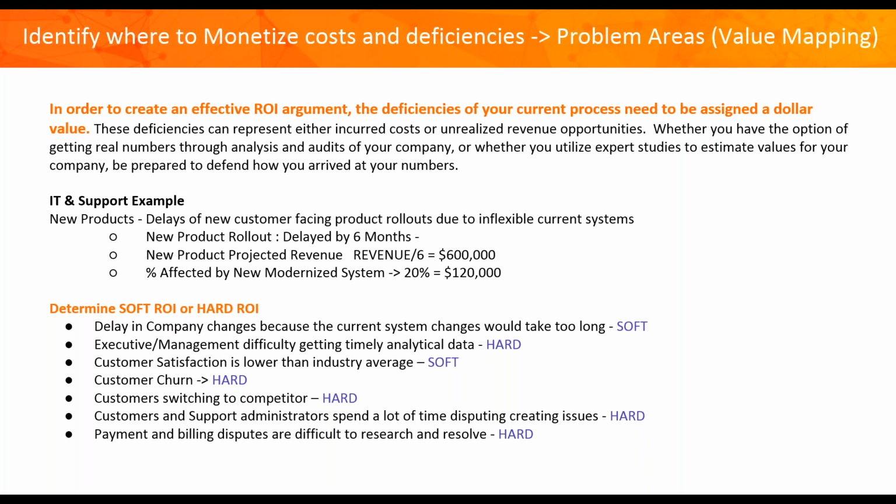Because we haven't been able to do this, and if we had newer systems, we should be able to recoup about 20% of that if we had newer technology and/or newer systems. Therefore, in our ROI calculation, we would add $120,000 potentially to our first year cost gain.